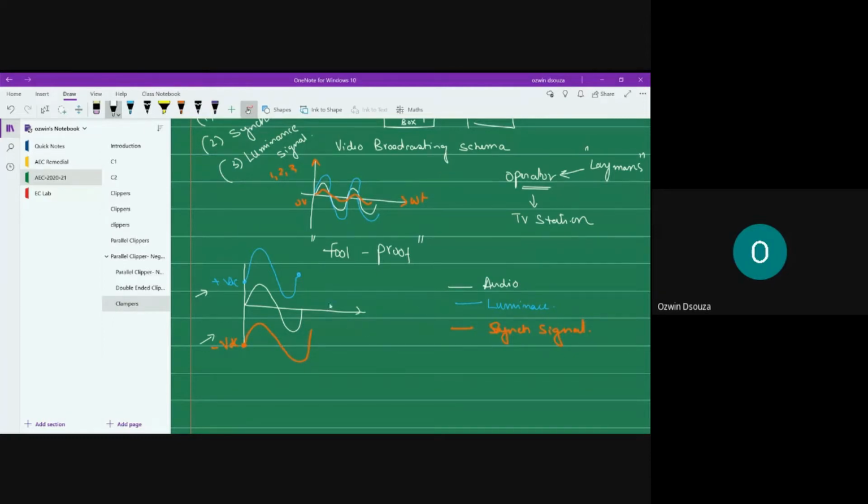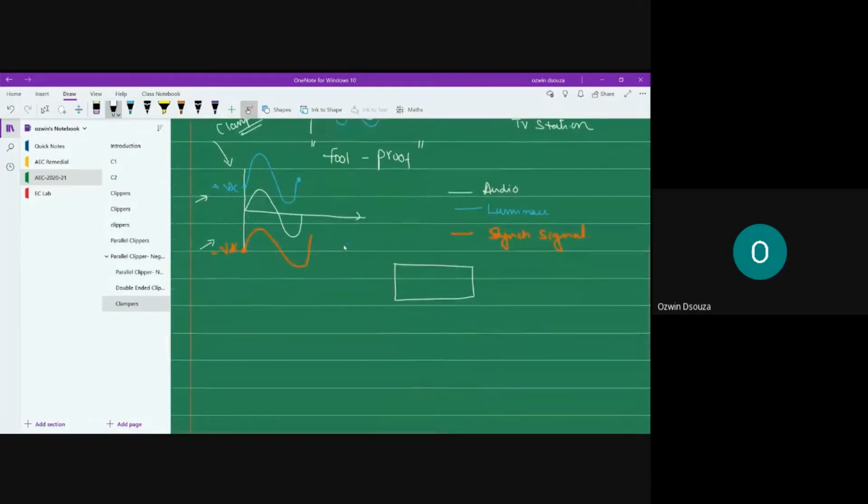So clampers are widely used to shift the waveform. As of now, you can assume the clamper as a black box.